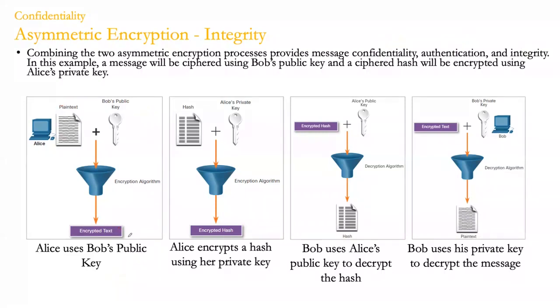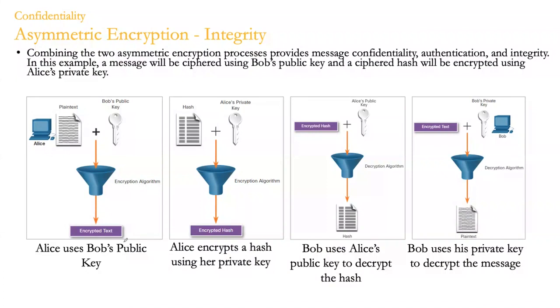That means Bob and Alice exchanged their public keys. So Alice has the public key of Bob, and Bob has the public key of Alice. To achieve data integrity, authentication and confidentiality in a single process, Alice uses the public key of Bob. Then it generates the encrypted message.